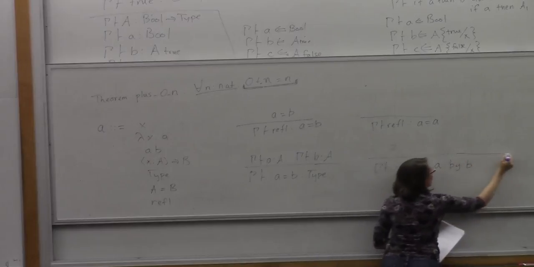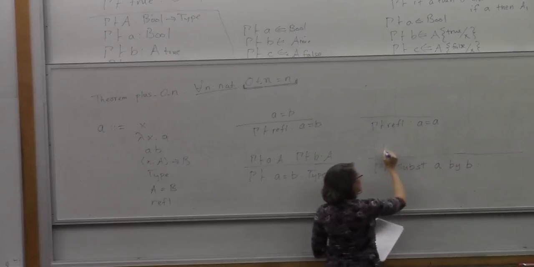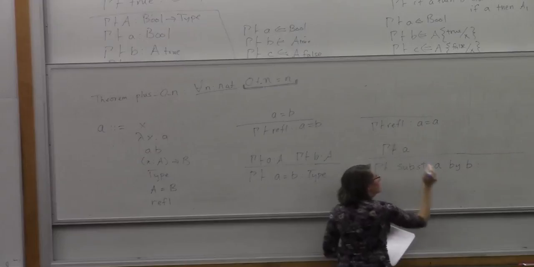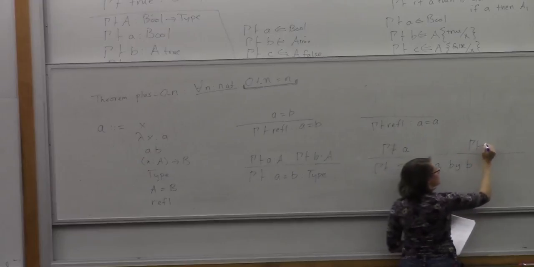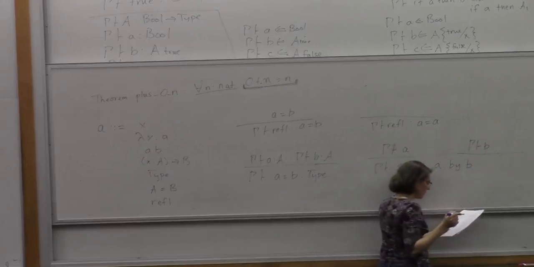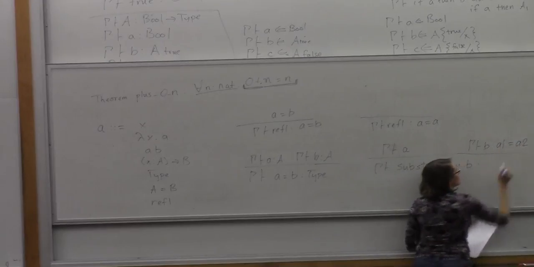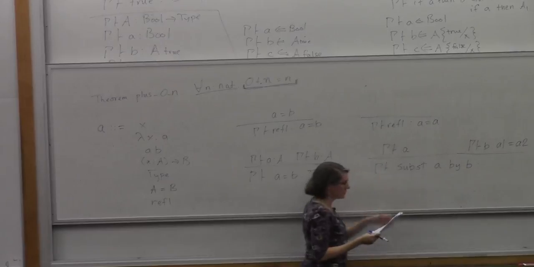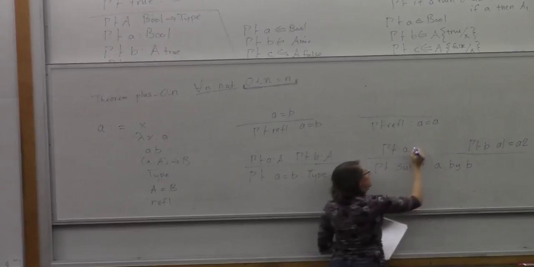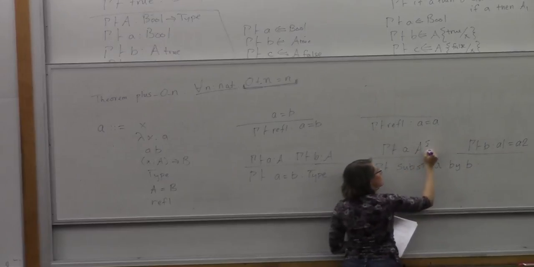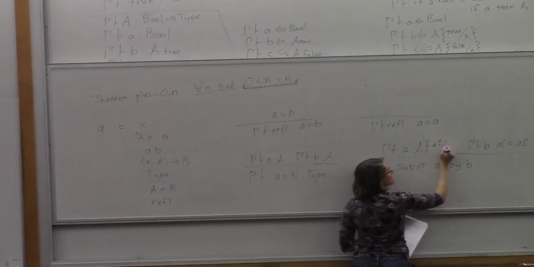So we have A, and we have B, which is a proof of equality between two things, A1 and A2. And then A has some type with an A1 for X in it.